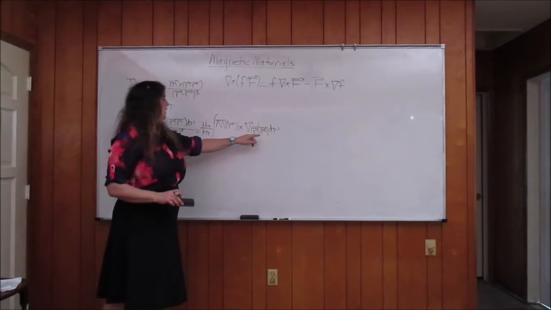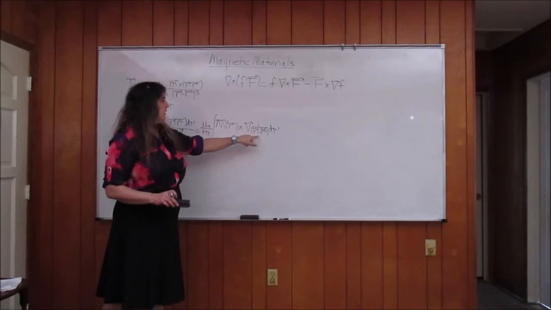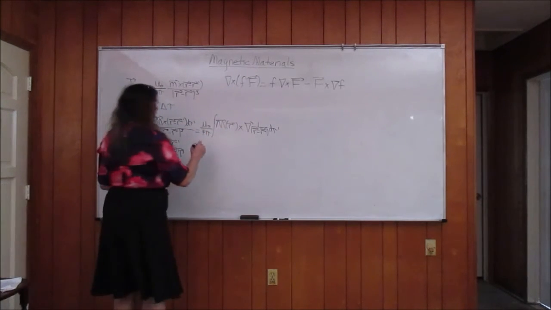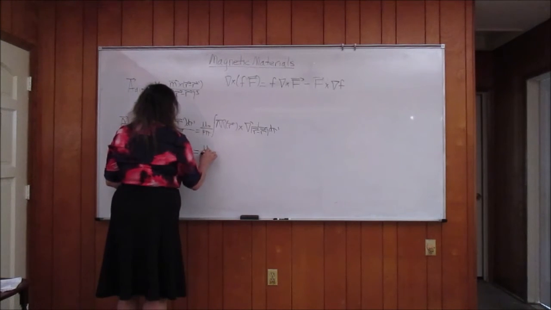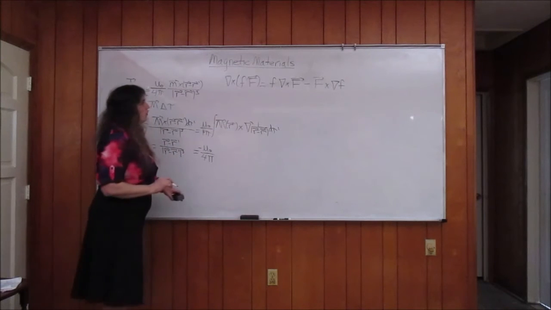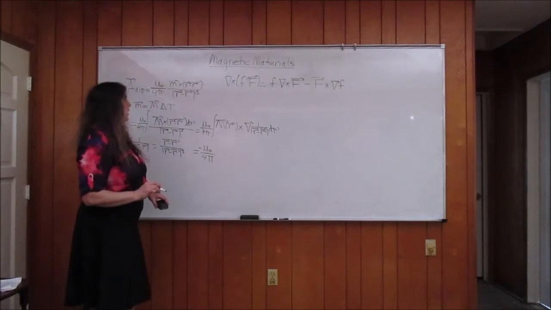Now if I can identify 1 over the magnitude of r minus r prime as little f and magnetization as capital M, I will get 2 terms here.